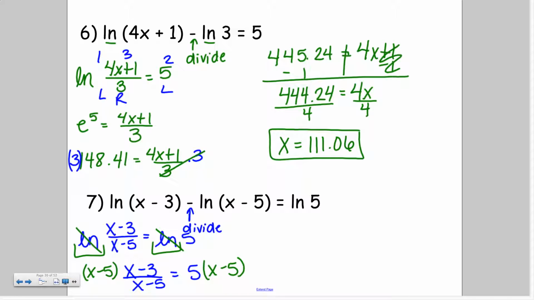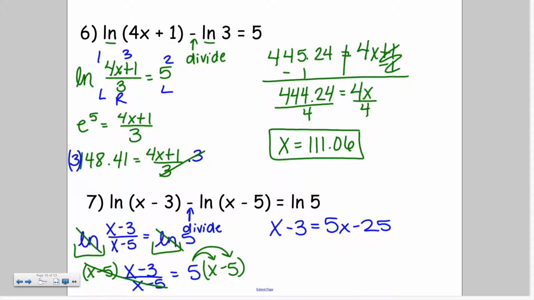Okay? So when we do it on the first side, it's going to cancel that out, and we're left with x minus 3. And then on the other side, we have to distribute this 5 to both of those. So it's going to leave us with 5x minus 25.